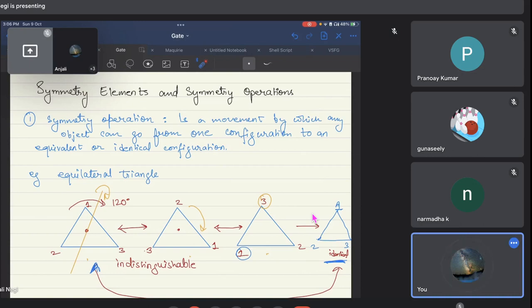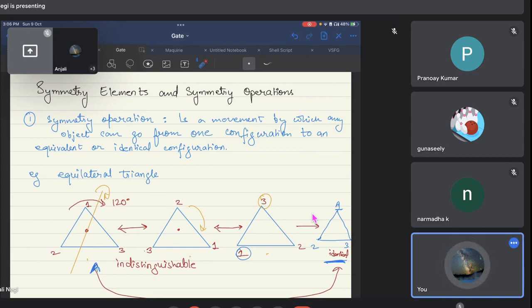So if I am tagging the hydrogen atom, I can see that the other configuration I am getting is actually different from the previous one. So it is not identical, but it is equivalent to it if I did some kind of operation which gave me an equivalent configuration. There we get the difference between equivalent and identical configuration.